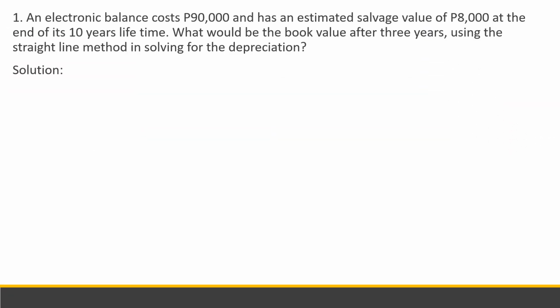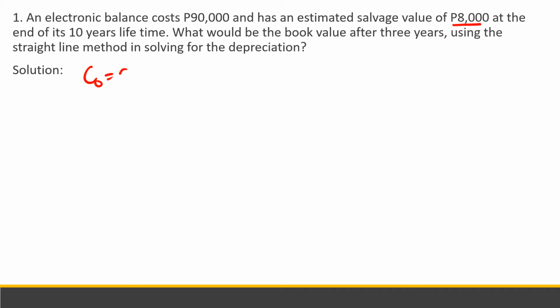Okay, so example. An electronic balance costs 90,000 and has an estimated salvage value of 8,000. Salvage value is the book value at the end of its lifespan, at the end of 10 years. So after 10 years, the 90,000 electronic balance is worth only 8,000 pesos. Then what would be the book value after 3 years using the straight line method? First we identify the given.